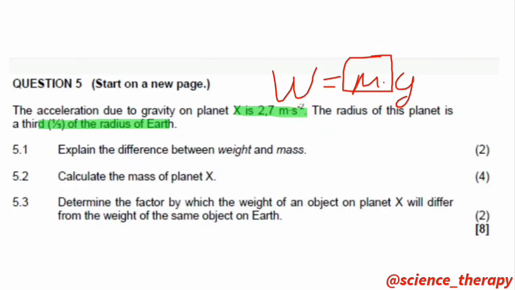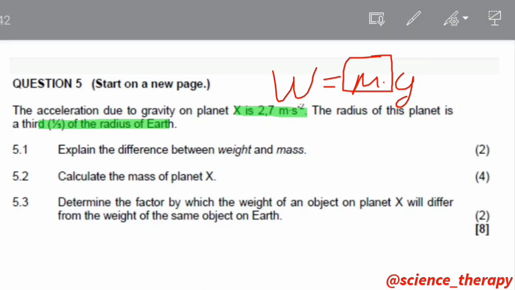Then let's check 5.3, for 2 marks, which says determine the factor by which the weight of an object on planet X will differ from the weight of the same object on planet Earth. Now remember what I said. If the person is on planet Earth, they will have the same mass.